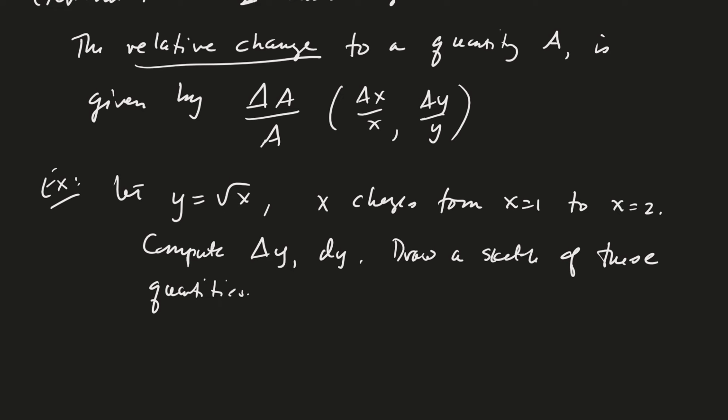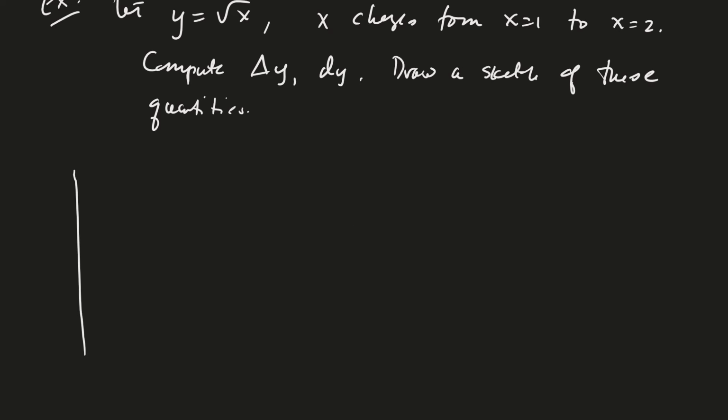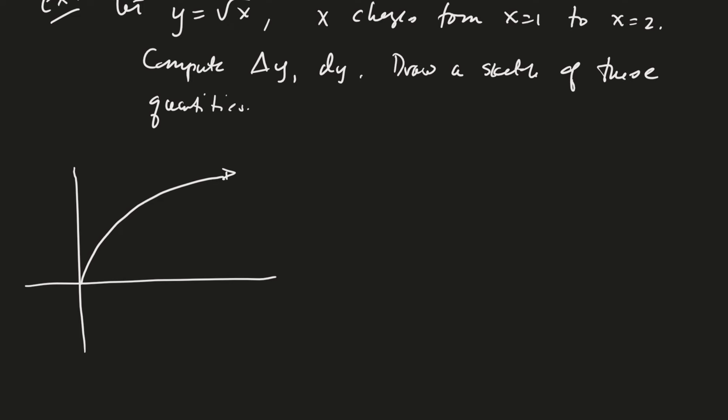Alright, so first off, I guess we could go ahead and draw the sketch without really knowing what's going on. So here's the square root function, and then at x equals 1 we're drawing our tangent line. Maybe I'll draw the tangent line in red here. Good.